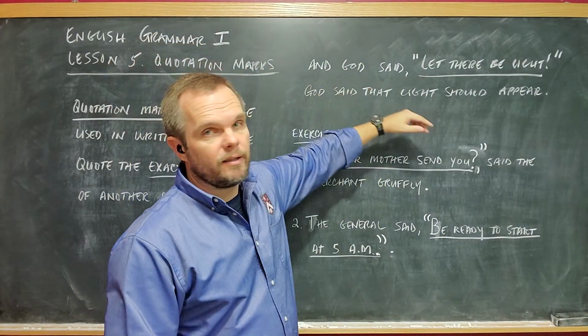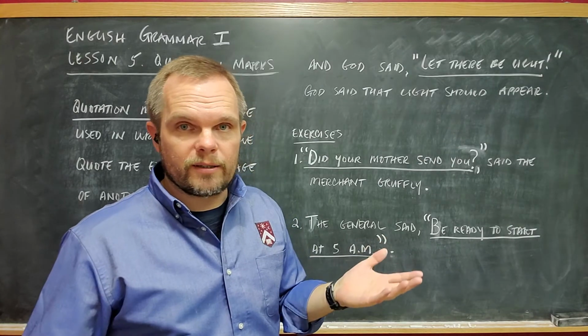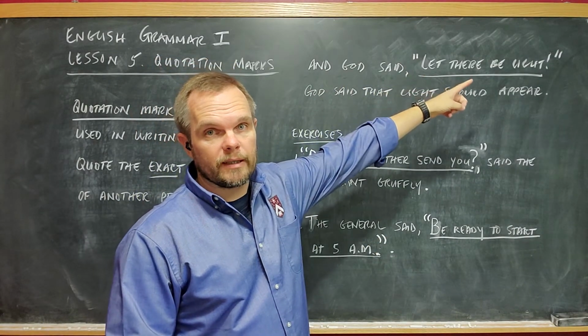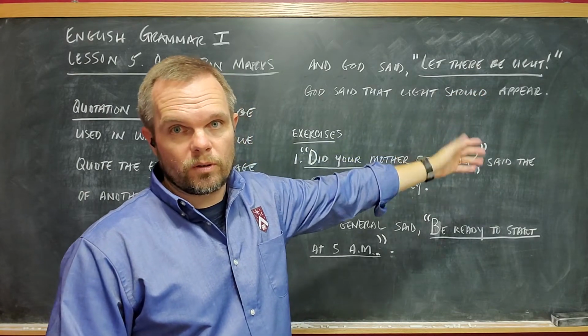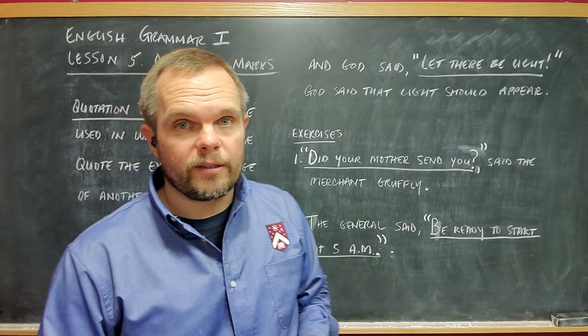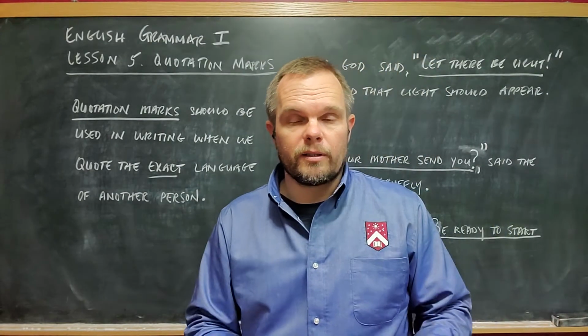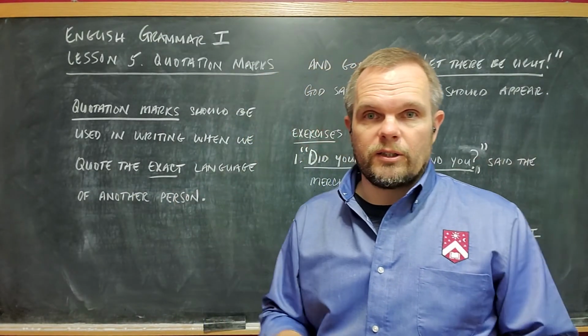And God said that there should be light. Those are not the exact words. And God said, quote, "let there be light," unquote, exact words. So we can show this in writing. We can also show this in speech when we're reading something that's written where there's quotation marks.